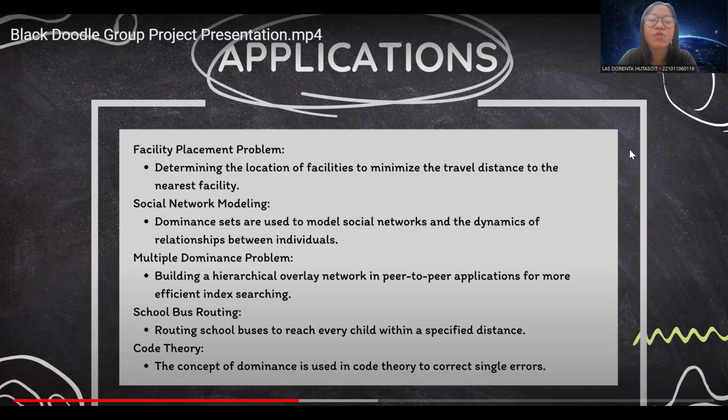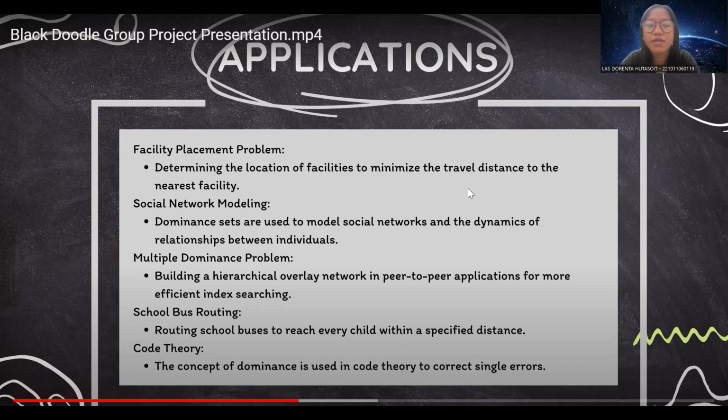A social network is a social structure made of individuals or groups of individuals which are connected by one or more specific types of interdependency. Fourth, multiple domination problems.